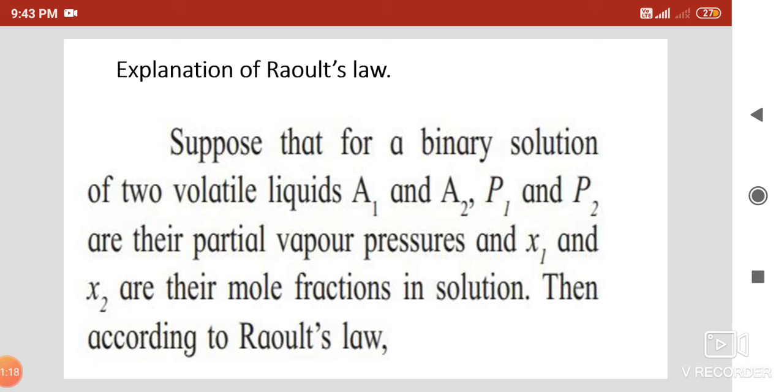Suppose that for a binary solution of two volatile liquids A1 and A2, both are volatile. P1 and P2 are their partial vapor pressures and X1 and X2 are their mole fractions in the solution.